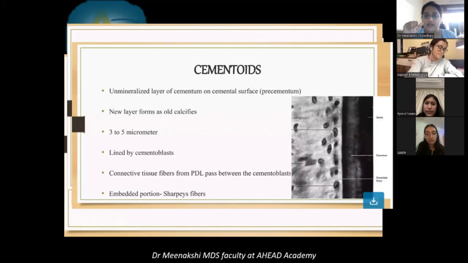Connective tissue fibers from the periodontal ligament will pass through in these areas between the cementoblasts, and the embedded portions of small cross-linking Sharpey's fibers will be seen in microscopic analysis.